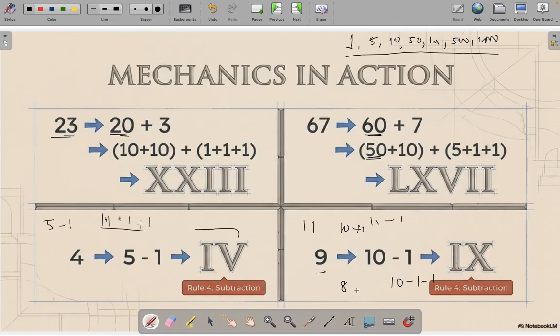No, why? Because if we round off 8 to 5, it is more close. Why?